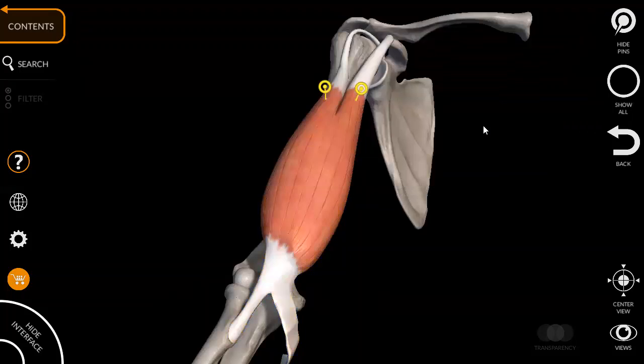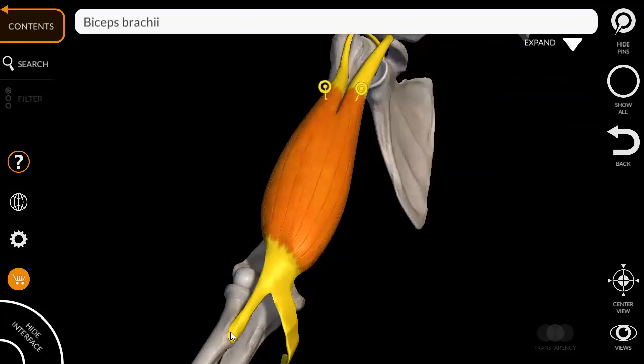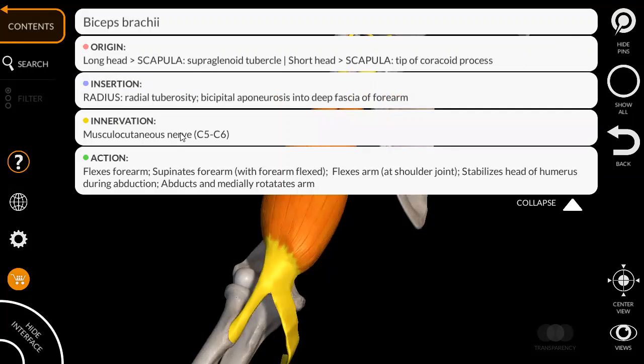And it lands on the radius, and on another place which is not a bone, by an aponeurosis into the deep fascia of the forearm. What does this mean? Aponeurosis: apo means away, as in apoptosis. You guys have heard of apoptosis, right?